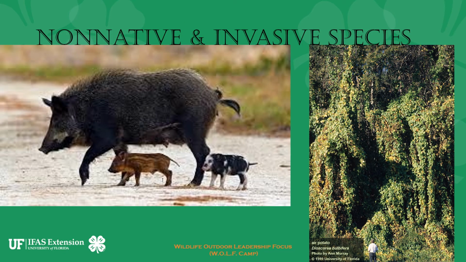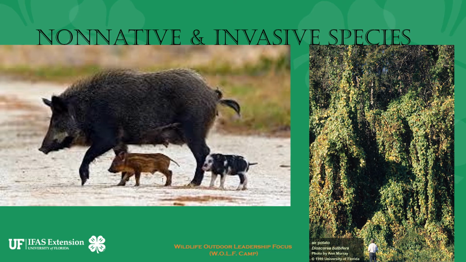One thing that we must consider in trying to manage for wildlife is to check for non-native and invasive species. These invasive species and animals contribute to the loss of habitat for native wildlife and fish species. Non-native invasive wildlife and fish often outcompete native wildlife and fish, causing population declines of native species.